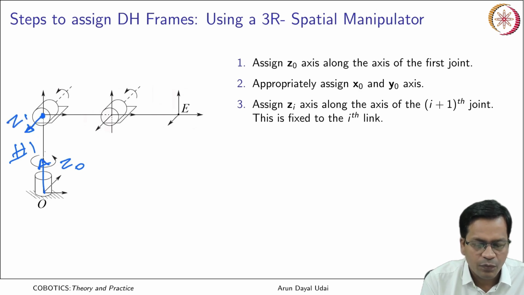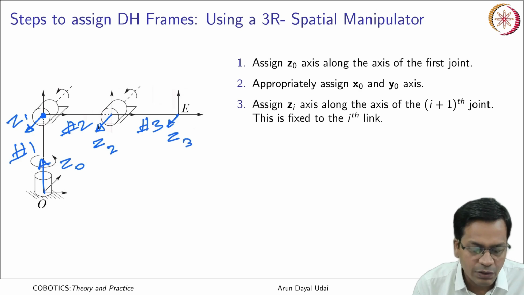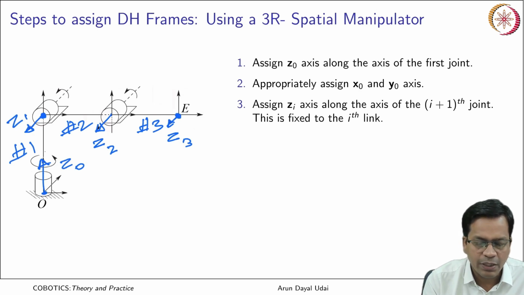This is the frame which moves along with link 1 when it rotates about its axis, and similarly z1 is the axis of rotation for link 2. Link 2 terminates with the frame with z2 over here. Similarly this is link 3, which finally terminates with the frame with z3 over here. This is how all the z axes are placed.